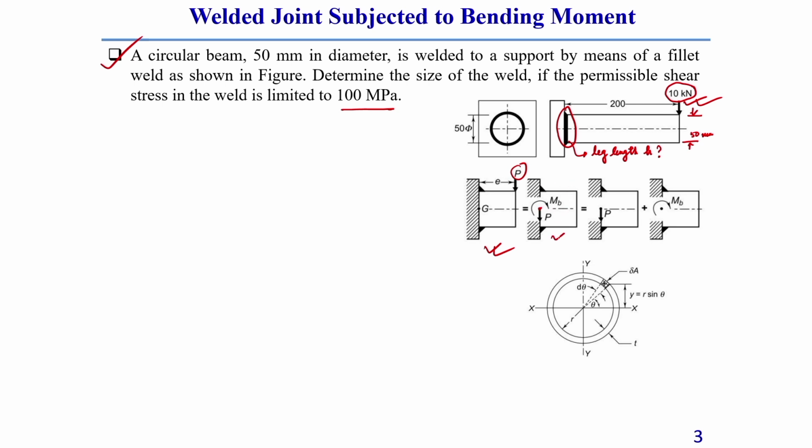Once we shift this load from here to here, we know there will be a bending moment created. Depending upon the loading direction, it is a clockwise bending moment, because P is downward. So, with respect to this base it is clockwise, you know this thing.